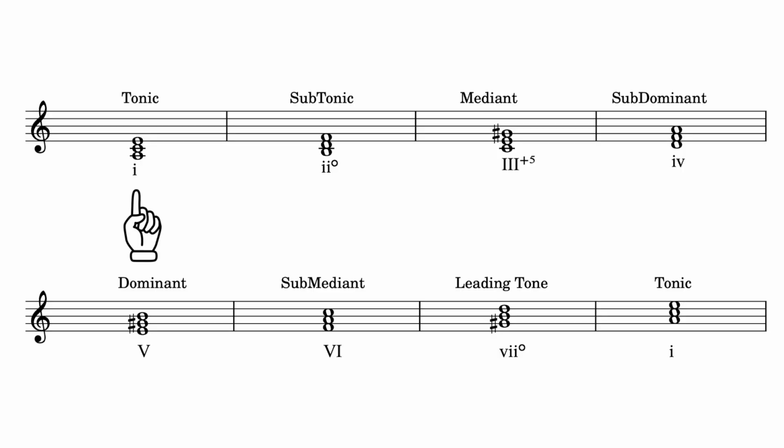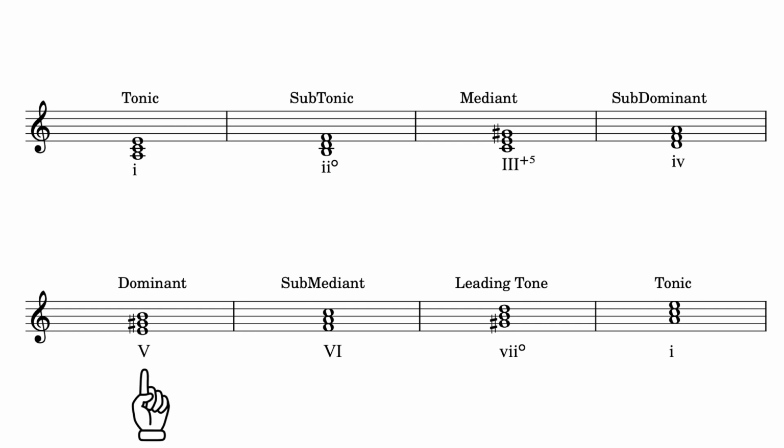So here's an example in the scale of A harmonic minor. We have a lowercase 1 chord. This is lowercase 2 diminished. And then here we have augmented. So we call that uppercase 3, and then we say plus 5. Then this is the subdominant, or the 4, but it's minor.